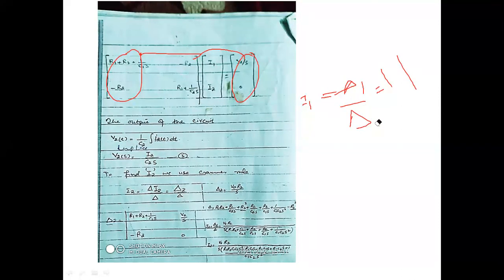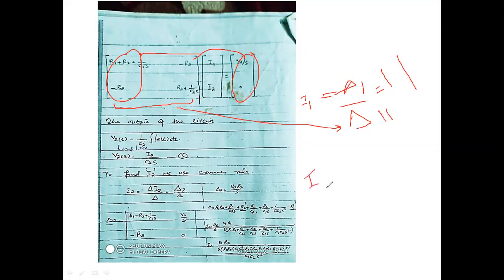Sorry, this is not delta 2, this is delta. What is delta? The determinant of this square matrix, in determinant form.